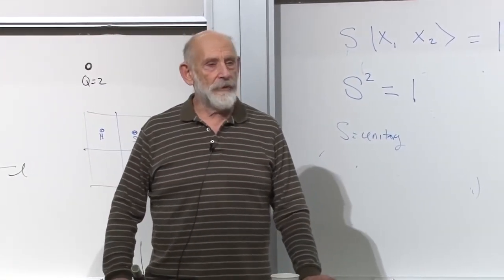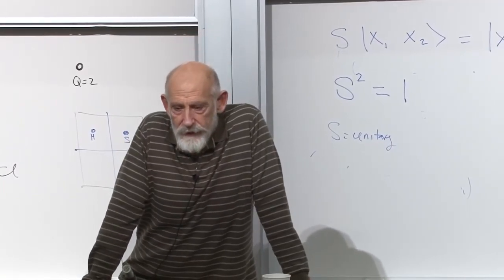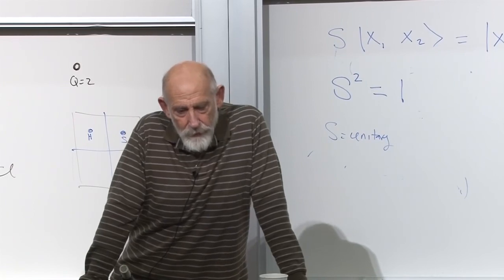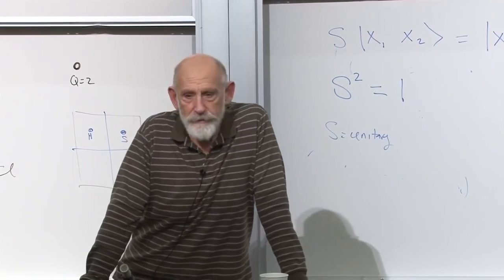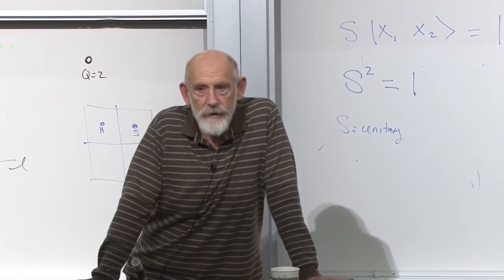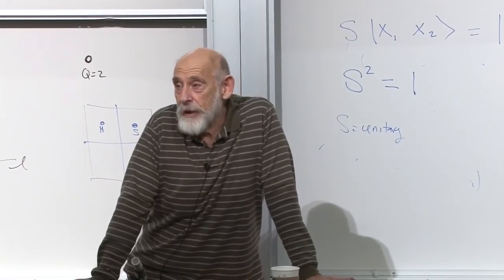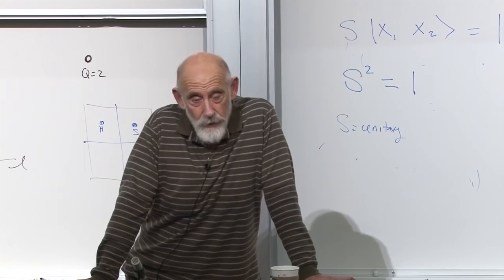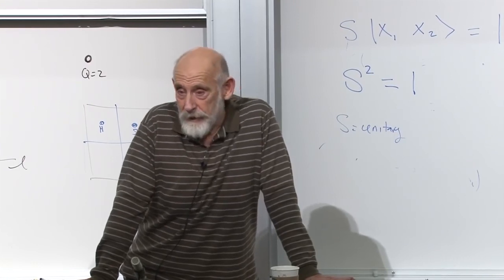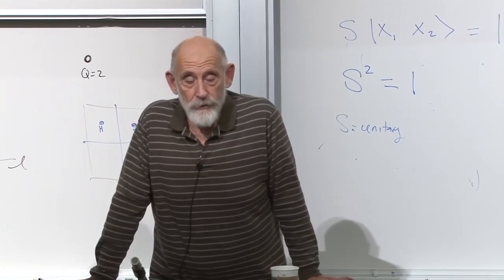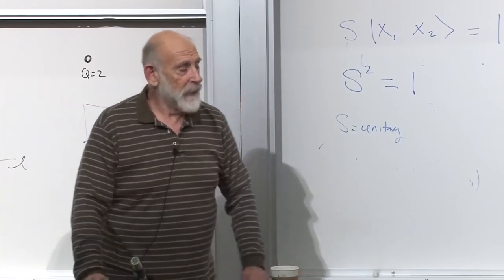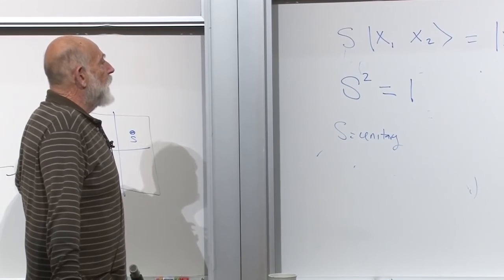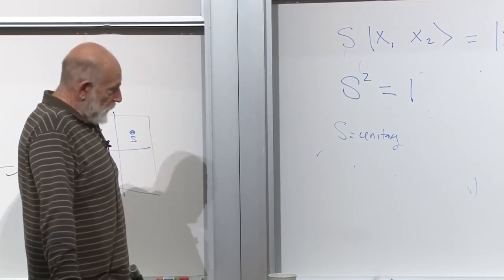What are the eigenvalues of a matrix or an operator whose square is 1? Either 1 or minus 1. The only possibility. S squared equal to 1 means that the eigenvalues are plus 1 or minus 1. Okay, let's make a new principle.